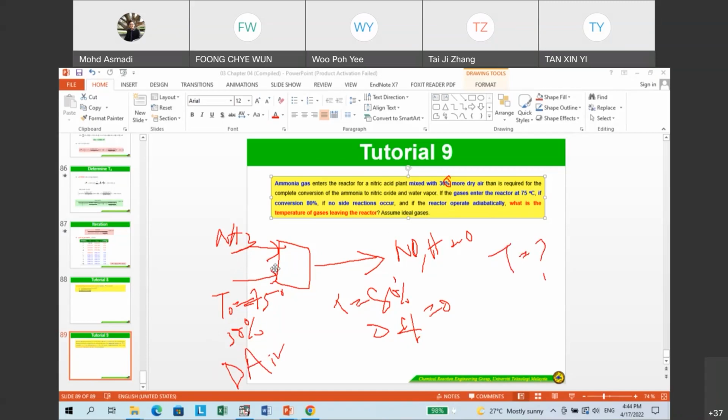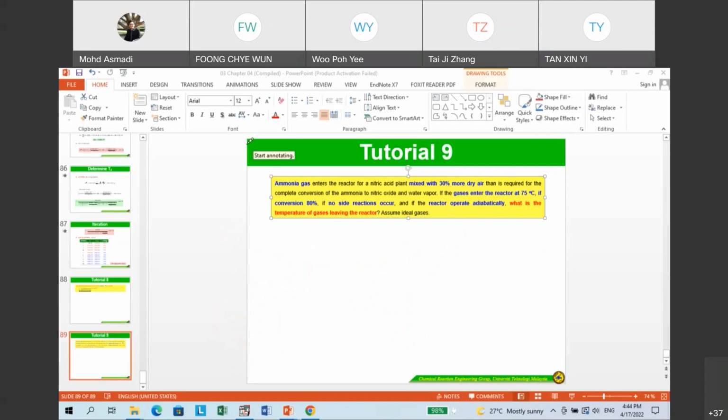Okay. So basis, if you look at here, if you do the equations, right? So we just calculate for NH3 plus 5O2, okay, for NO plus 6H2O.